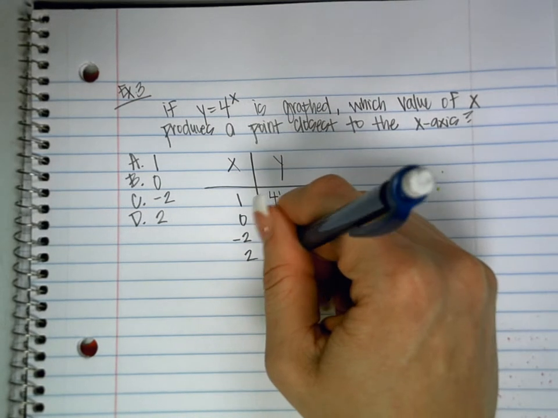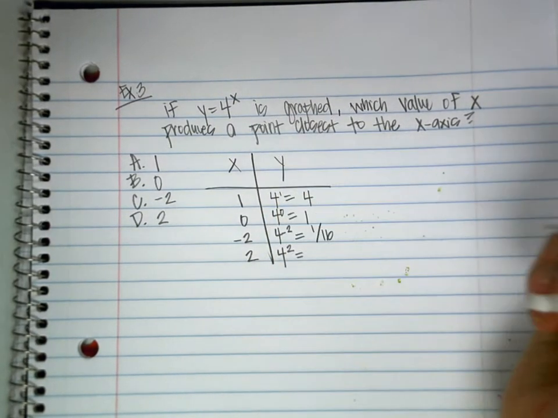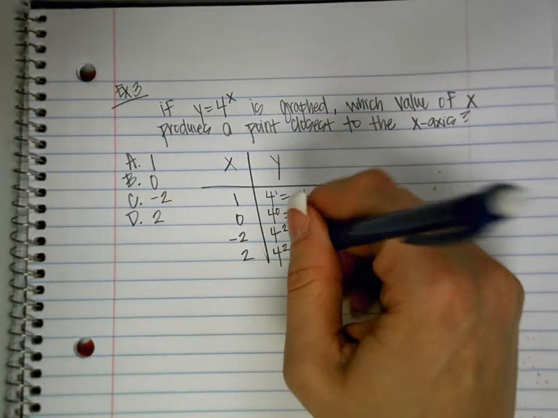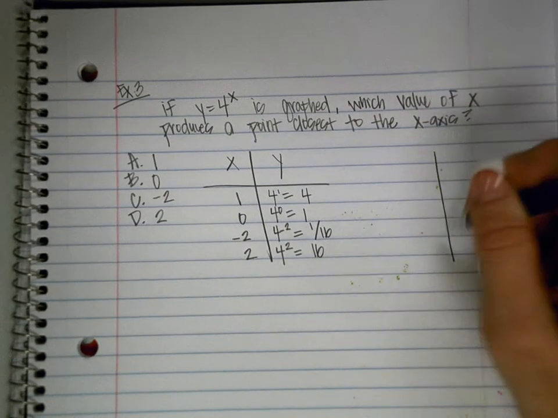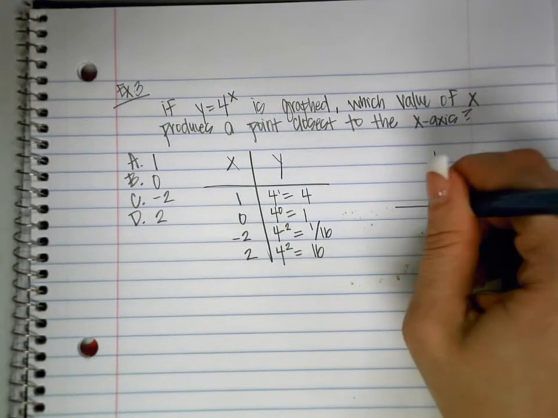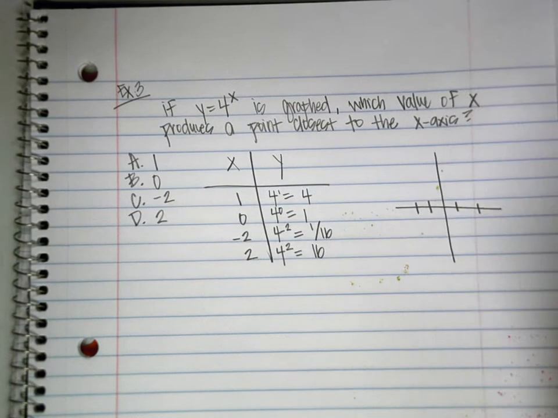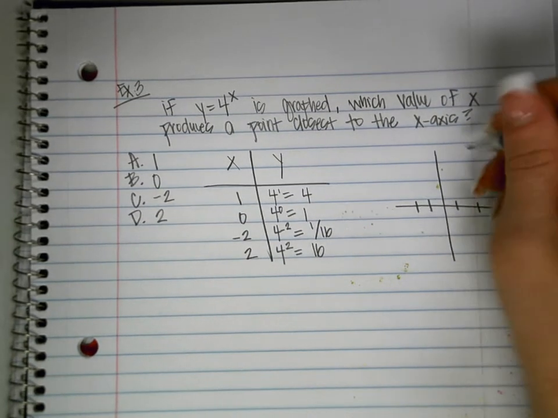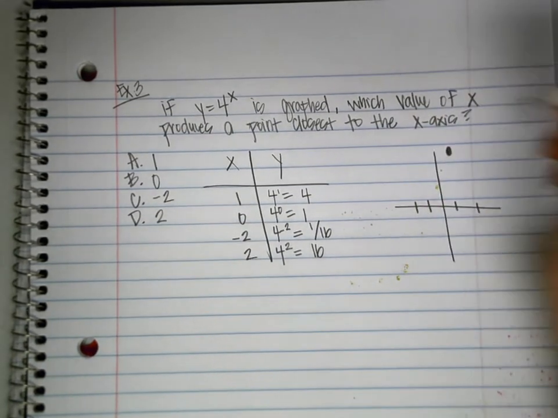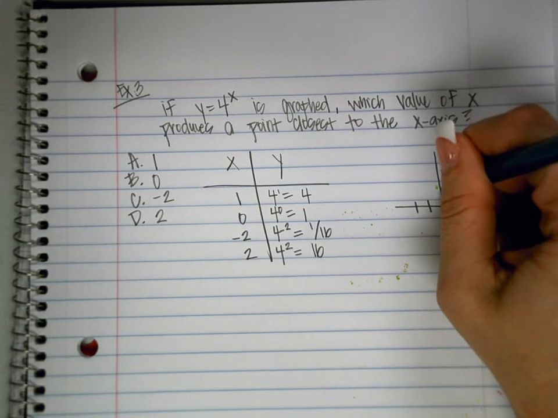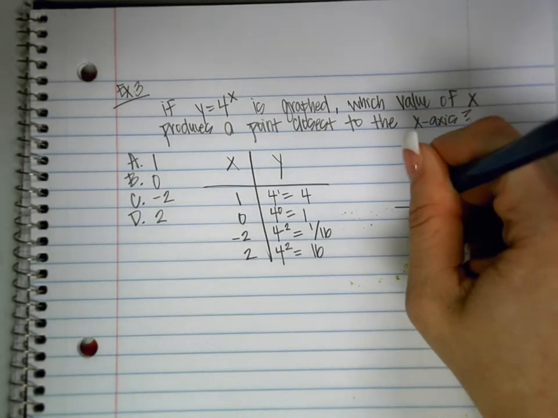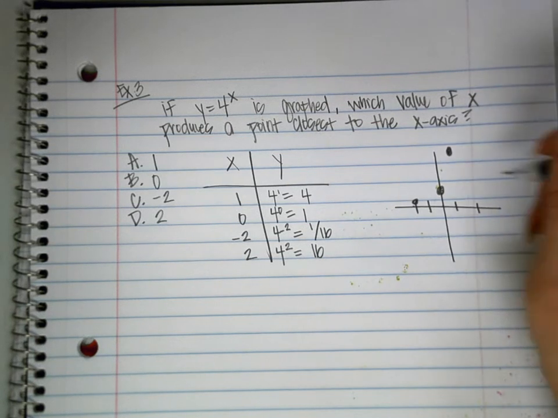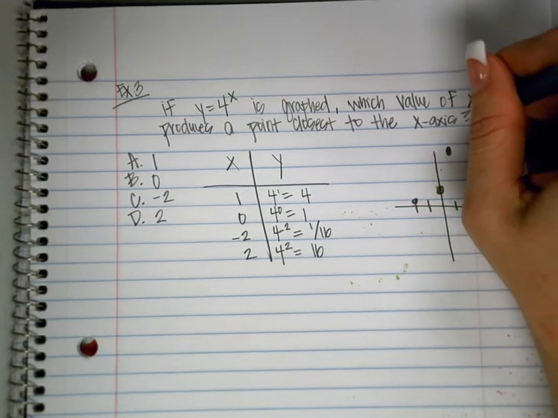And 4 to the +2 equals 16. If I plotted those, 1, 4 is probably up here, 0, 1, -2, 1/16, or +2, way up here at 16.